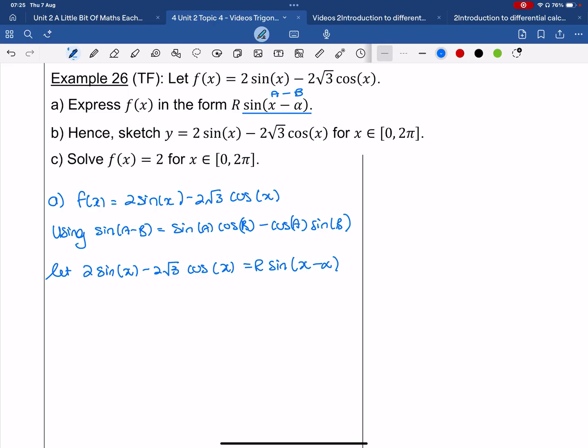If I make sine a minus b be my x minus alpha, then it will become sine x cos alpha minus cos x sine alpha.